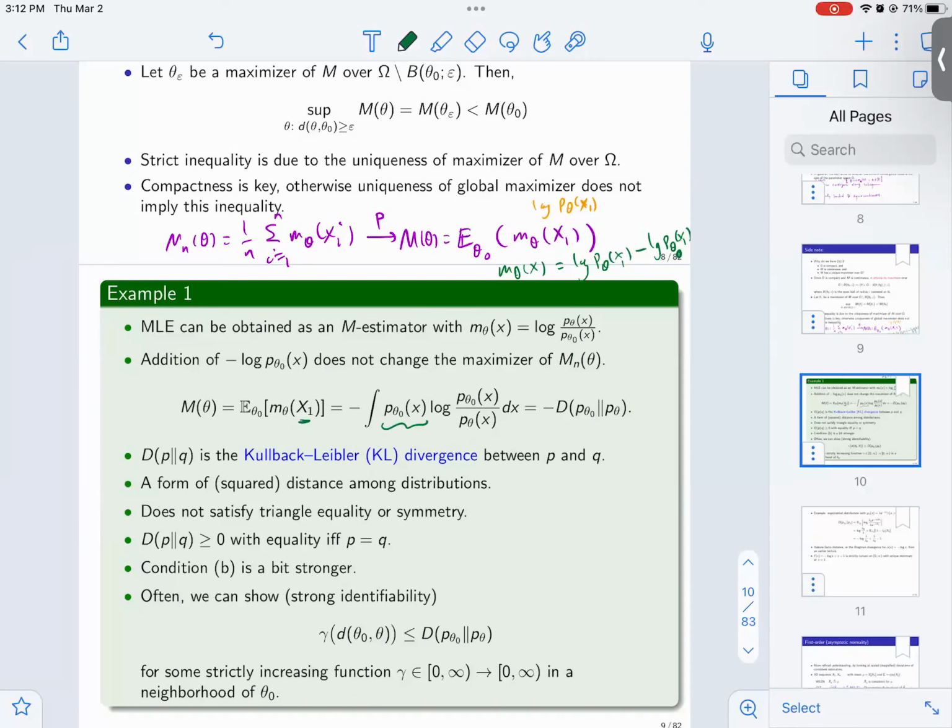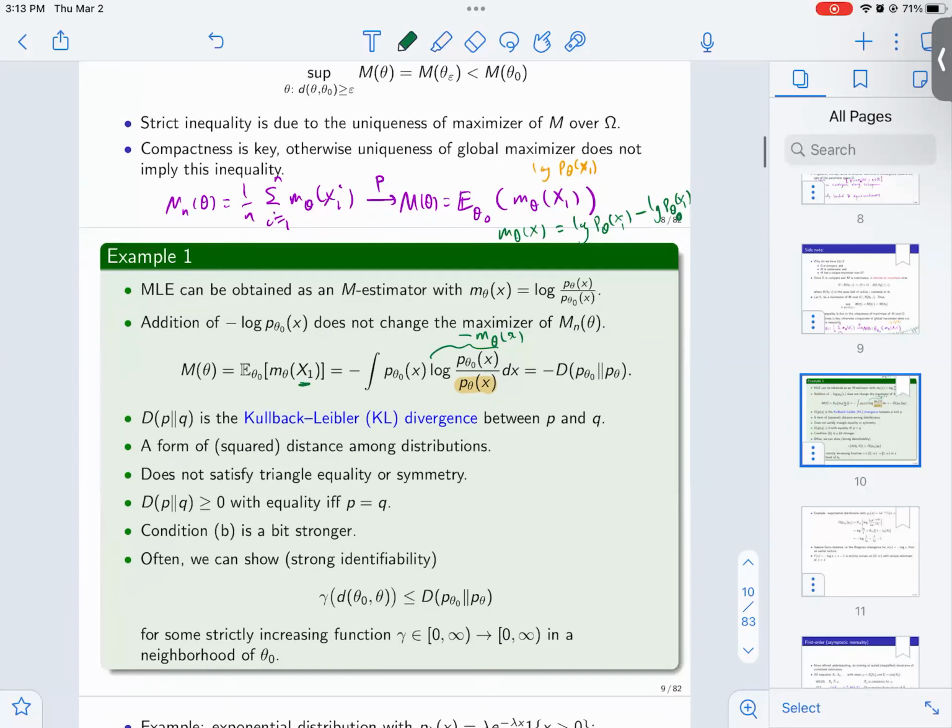So I'm evaluating this expectation under the true distribution, assuming x1 has this density. And this is just negative m theta of x. These negative signs sort of cancel out. Hopefully a lot of people know this: this is called the KL divergence. So the KL divergence between these two densities, one here and the other one.